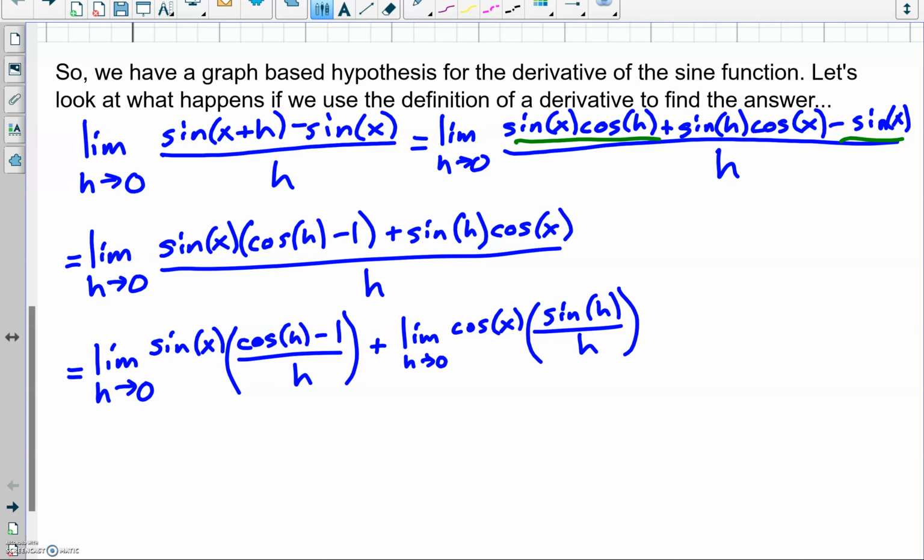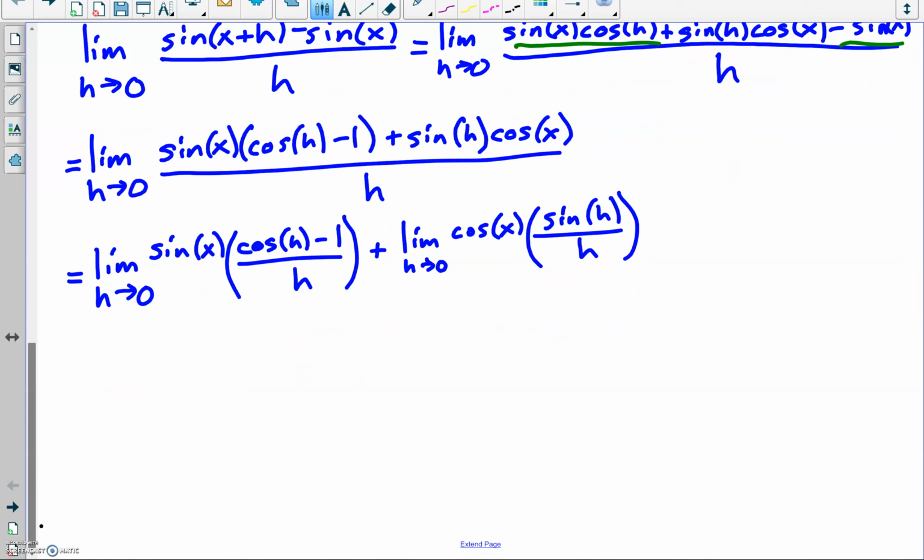So we're getting to a place here where I can start thinking about evaluating the limit. And the sine of x on the first limit doesn't have an h in it. It's technically a constant relative to this limit operation. So I'm going to go ahead and bring the sine of x out front.